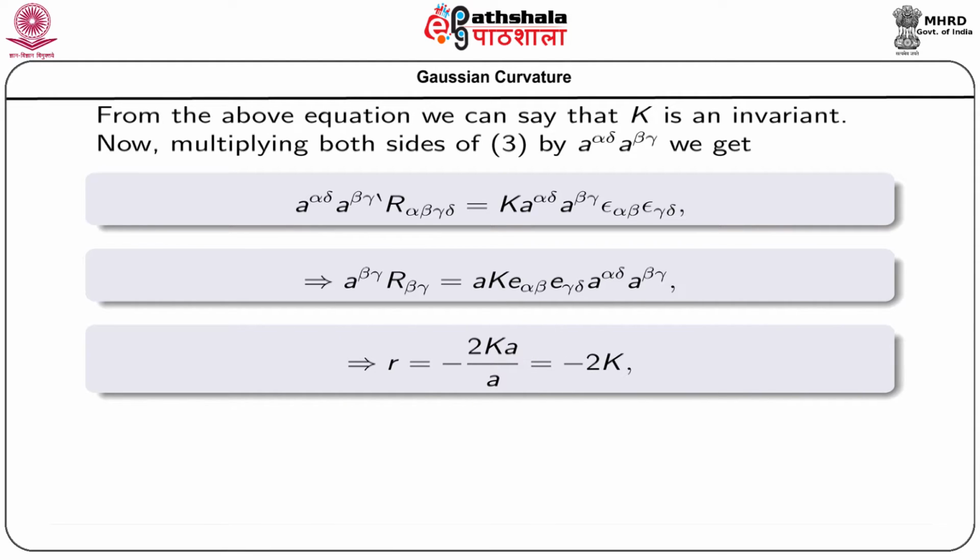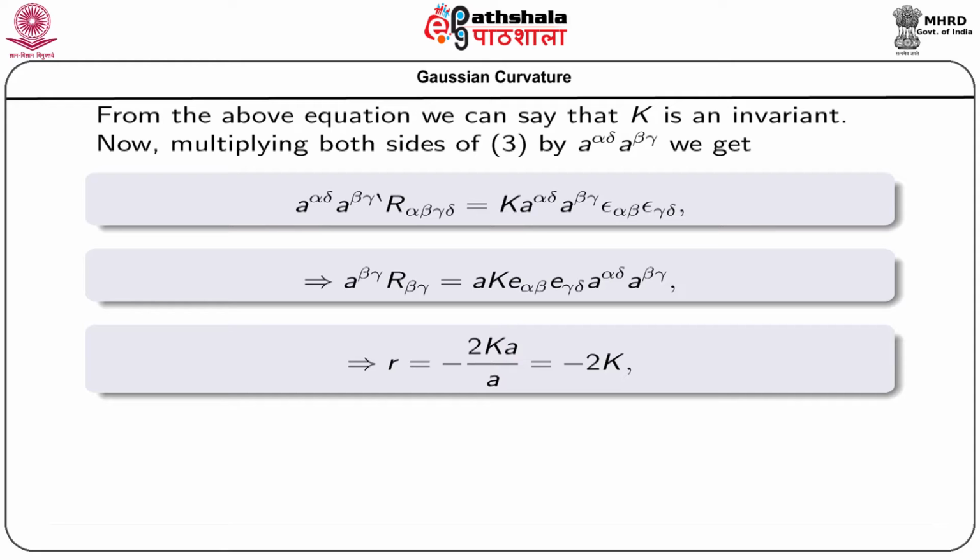Now, again in the left hand side, by the operation of a beta gamma R beta gamma, it is coming to R, which is the scalar curvature of the surface, and in the right hand side we are getting minus 2K by a, that is equals to minus 2K.